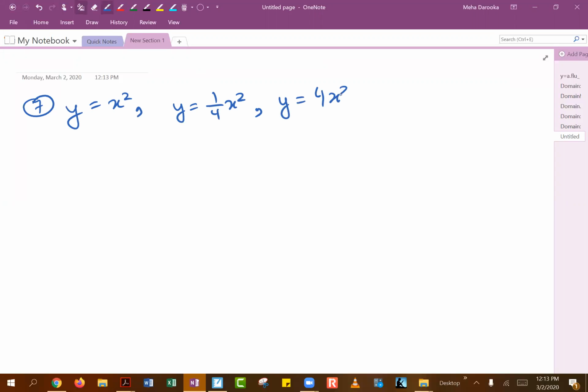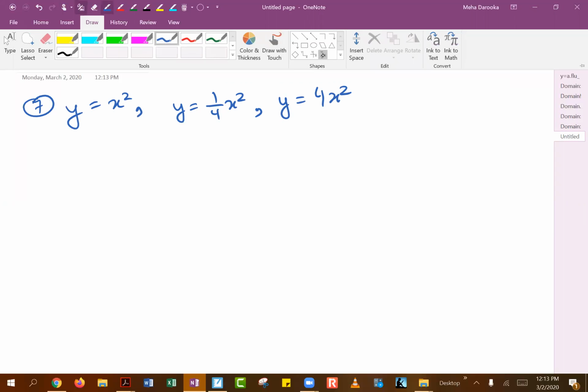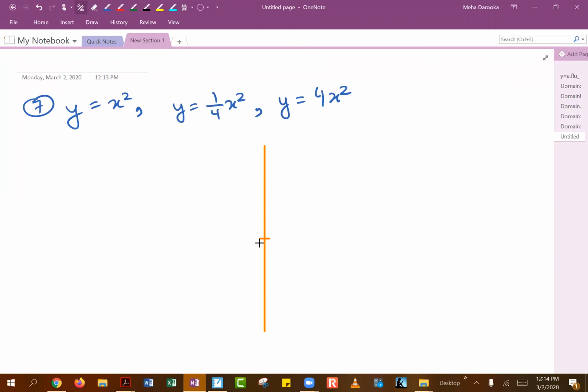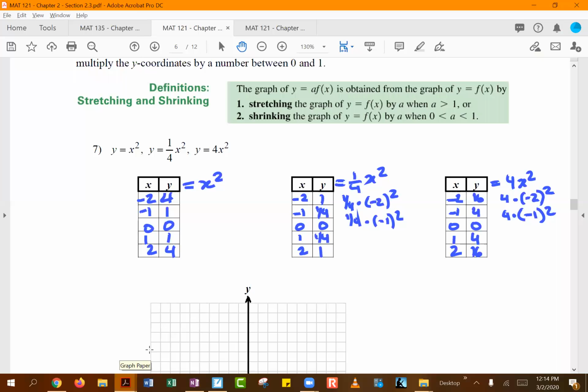Stretching is 4x squared. That is 4 and 4, okay.